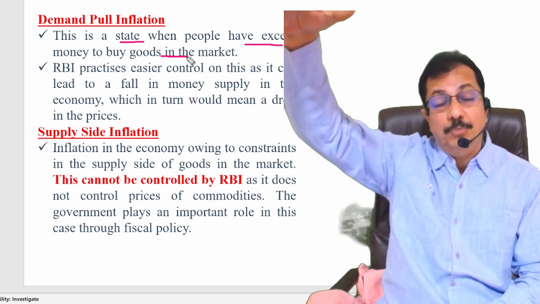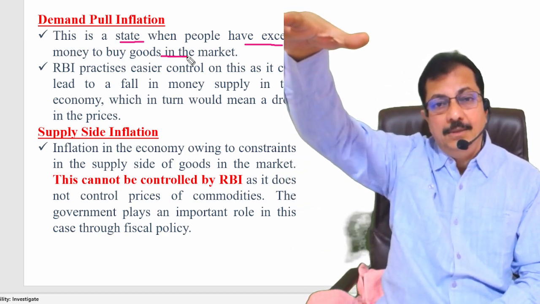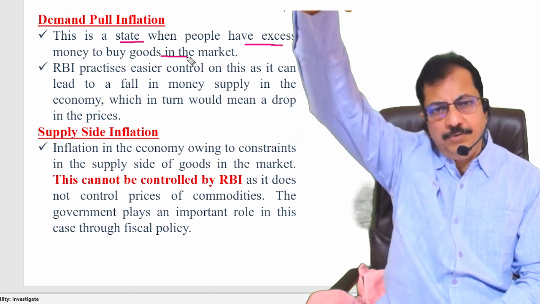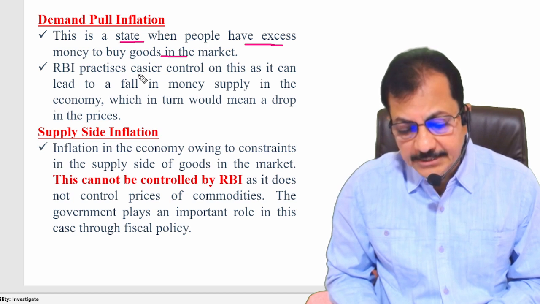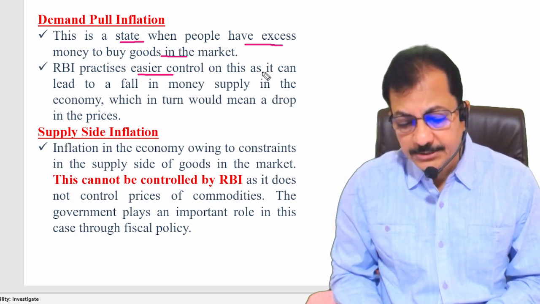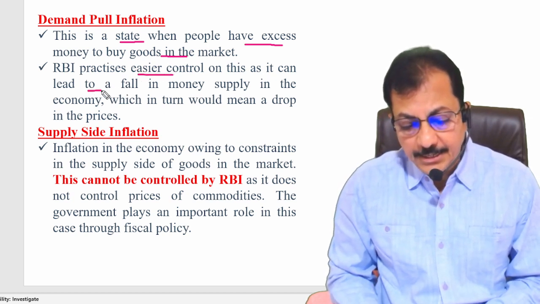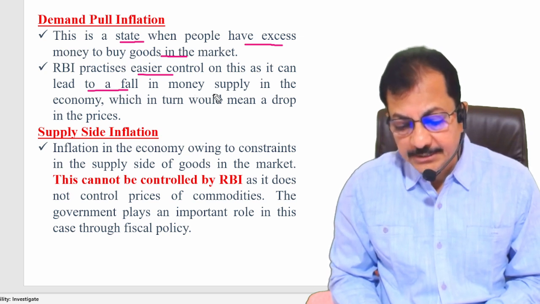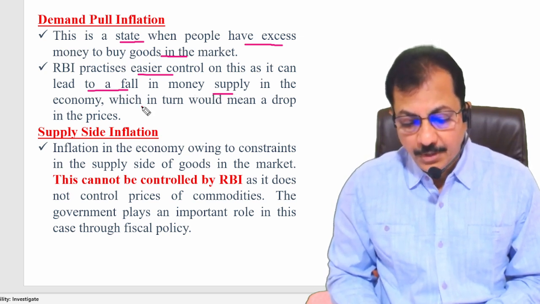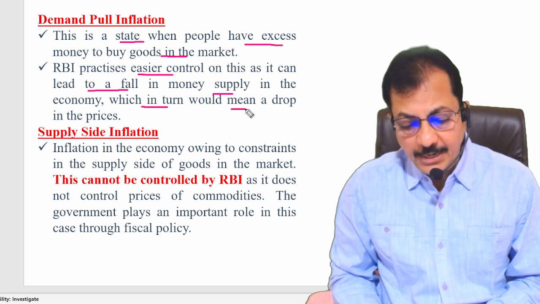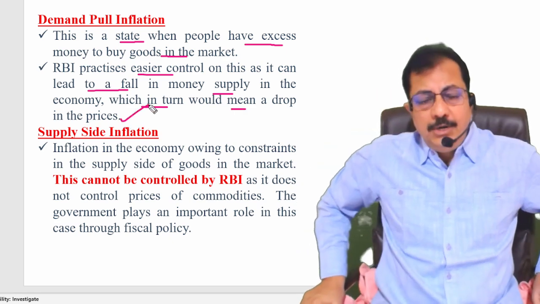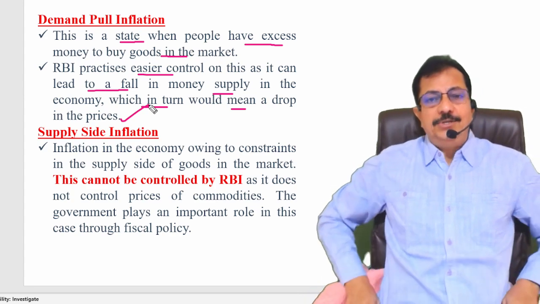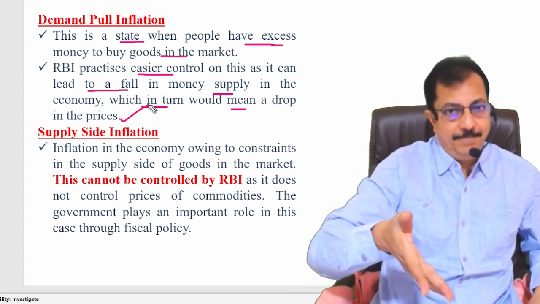Demand is more, people have the money, and that is leading to inflation. Clear? Then RBI exercises control on this, as it can lead to a fall in money supply in the economy, which in turn would mean a drop in the prices. So in order to control demand pull inflation, RBI will step in.